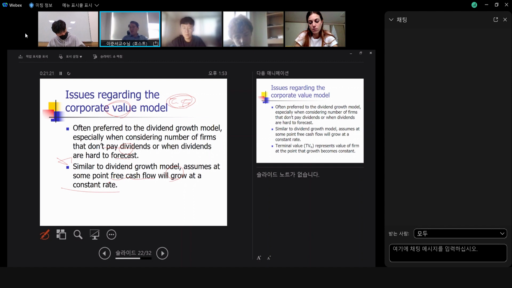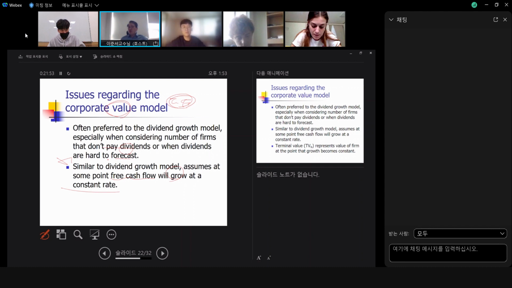And then just like the constant dividend discount model, we assume that the free cash flow grows at a constant rate after some specific time, right? Then we can calculate the terminal value, right? As we know. So the basic logic to calculate the free cash flow is identical to the dividend discount model, right?